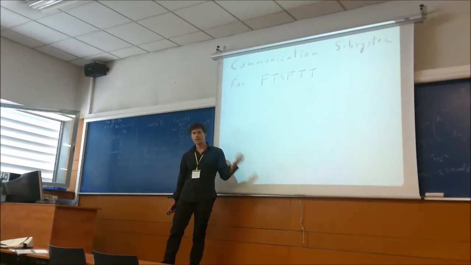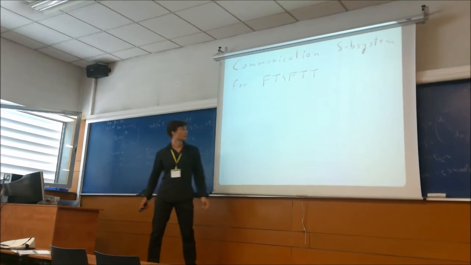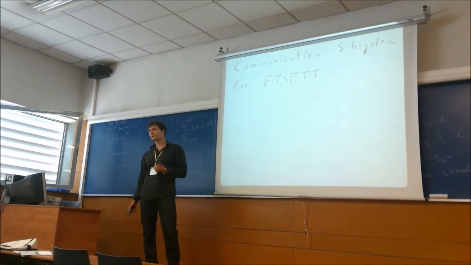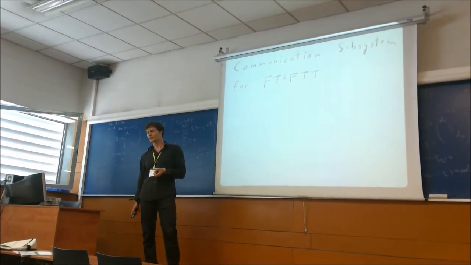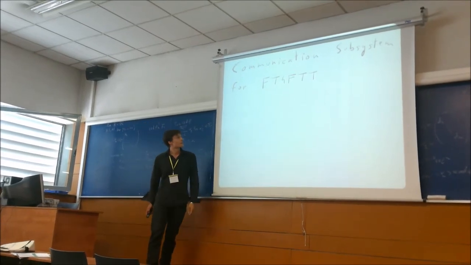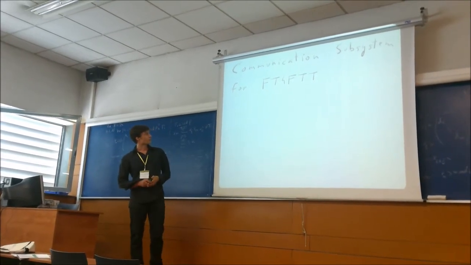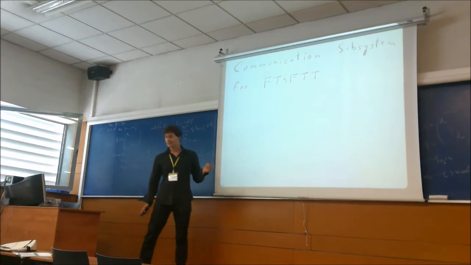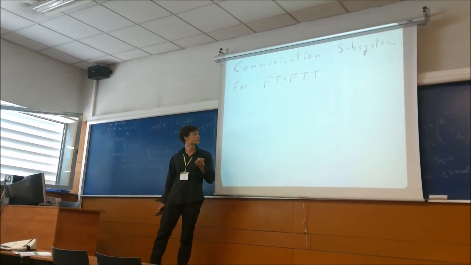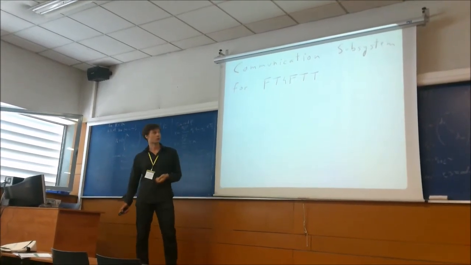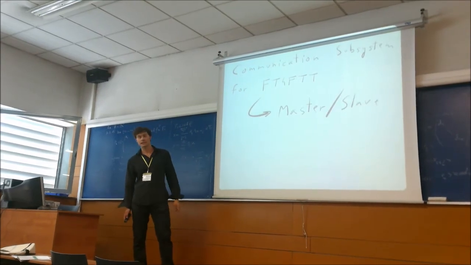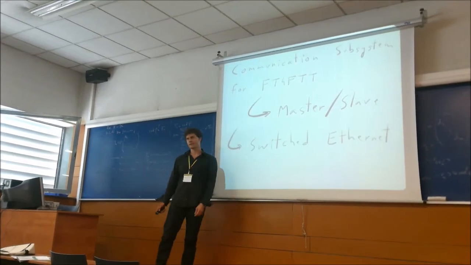FT4FTT. FT4FTT is a project we are currently working on. Its goal is to provide high reliability and flexibility for distributed embedded systems. But the two important things to note for this presentation is that FT4FTT, due to the underlying technology used, requires the communication subsystem to be master-slave and to be based on switched Ethernet.